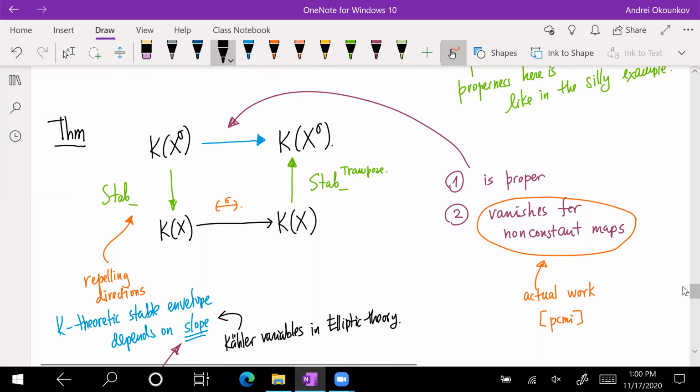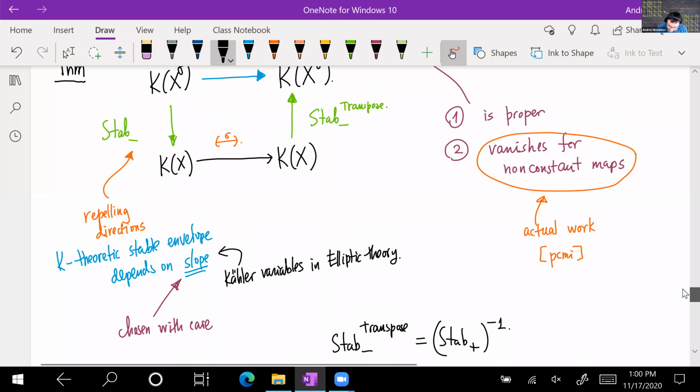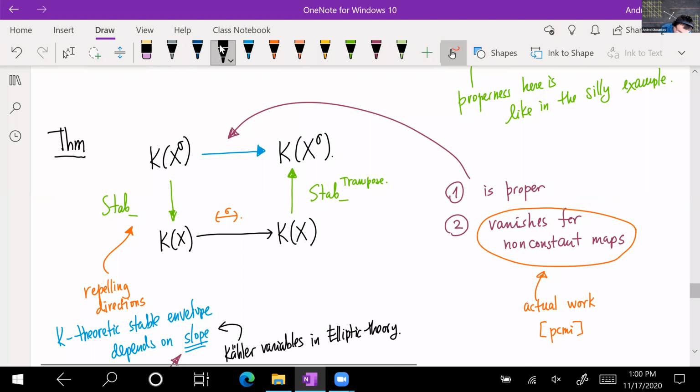Down, please. But down is just a rewriting of this diagram. It's just the vertical arrows. Vanishing for non-constant maps means that for constant maps we get, with some sign, z tensor 1.